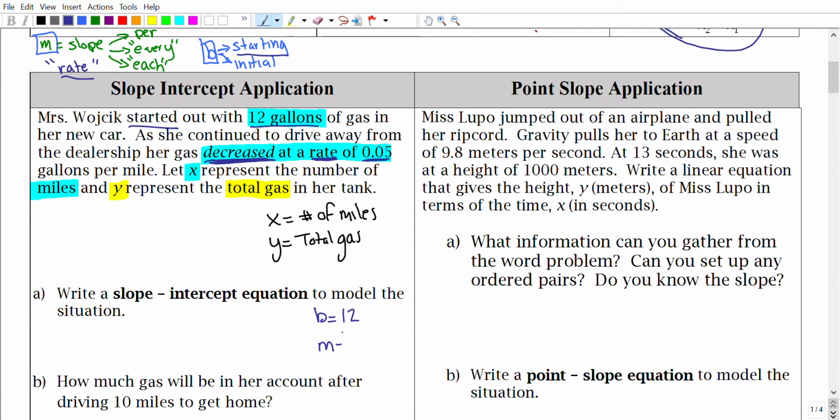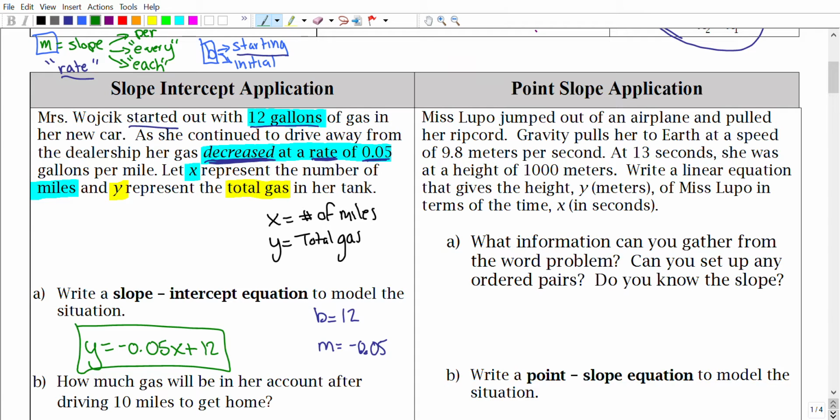In this case, I have to use a negative slope of 0.05. So I have everything I need to make my linear model. It has to be in y equals mx plus b, so it's y equals negative 0.05x plus b, which in this case is 12.